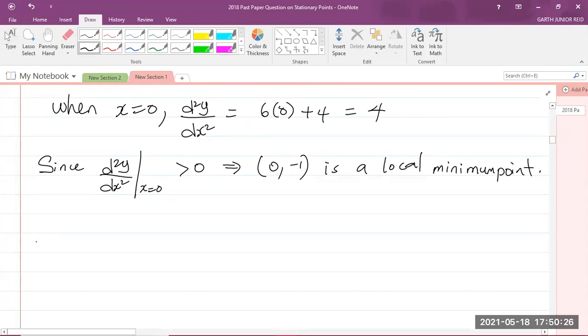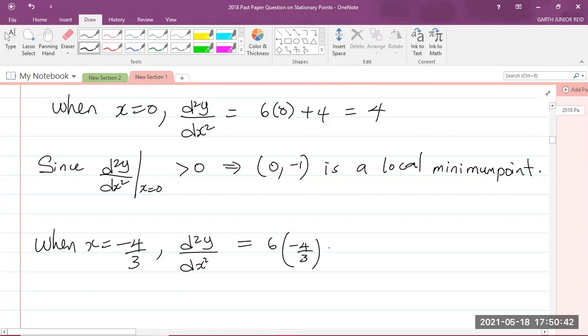How about when x is equal to negative 4/3? When x is equal to negative 4/3, we can say that d2y by dx squared is equal to 6 multiplied by negative 4/3 plus 4. All right, and that value is negative 4. Okay, now you recognize that this value is negative, meaning it is less than 0.